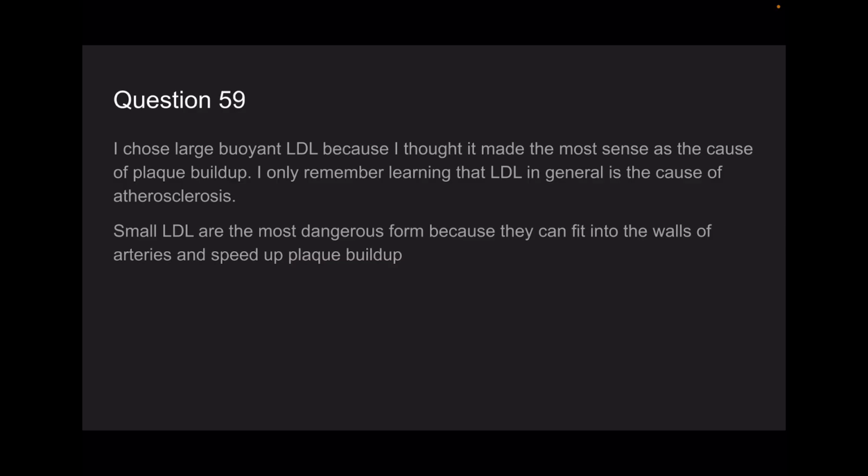I didn't really remember learning about small or large LDL, so I need to touch up on that. All I knew was that increased LDL causes atherosclerosis. The correct answer is small LDL. This is the most dangerous form because they can kind of seep into the walls of arteries and speed up plaque buildup.